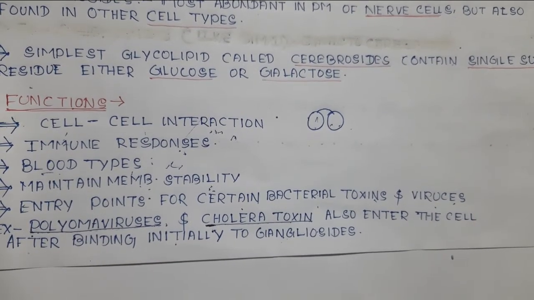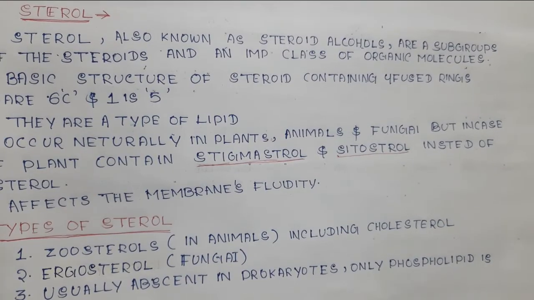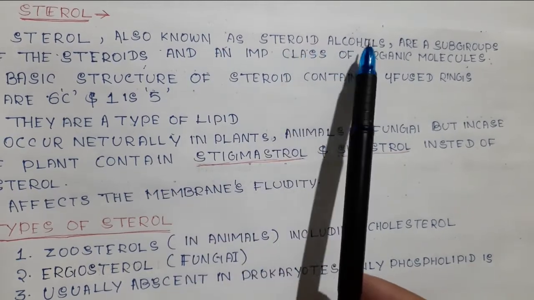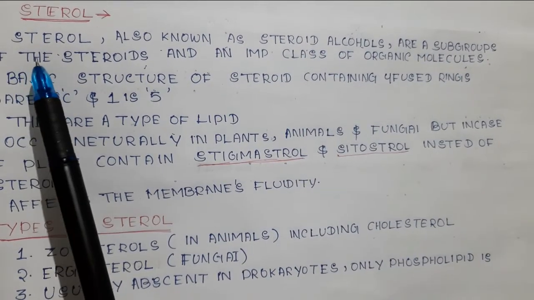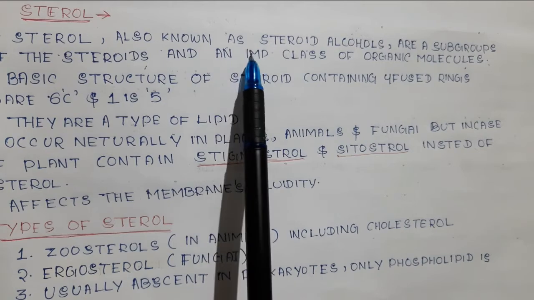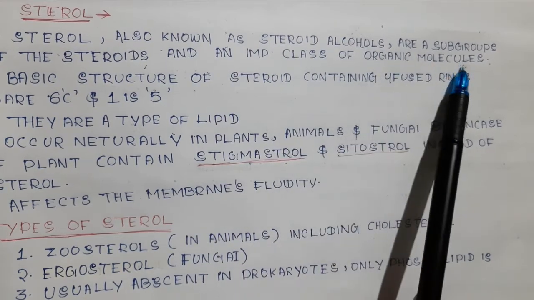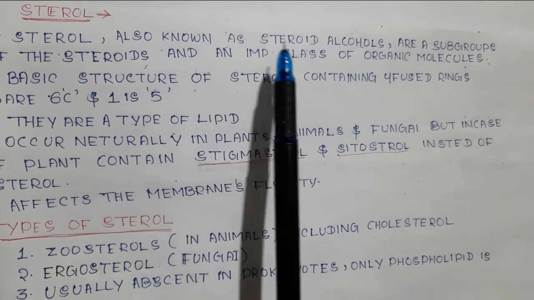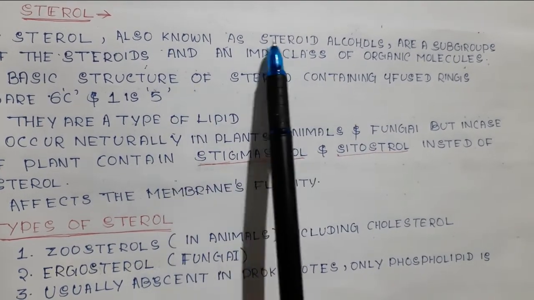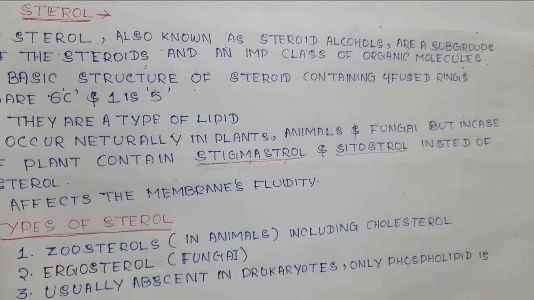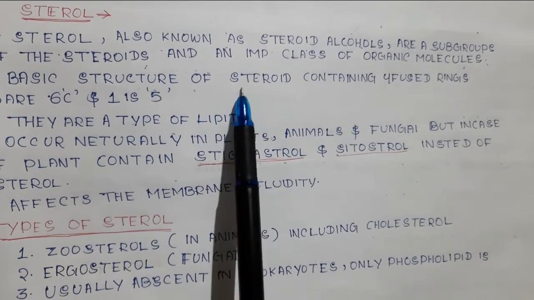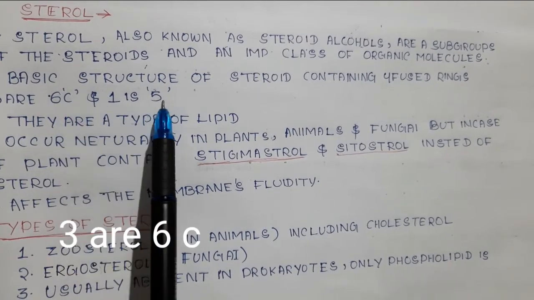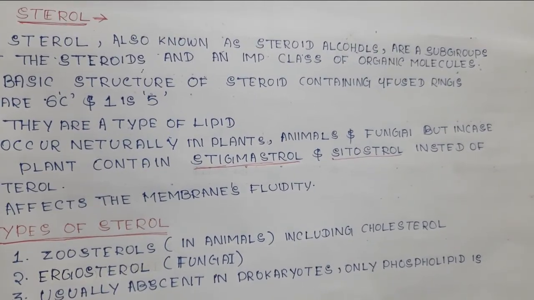Now we will see the third type of lipid, which is sterol. Sterol, also known as steroid alcohol, is a subgroup of steroid and an important class of organic molecule. It is a type of lipid and a subgroup of steroid. The basic structure of steroid contains 4 fused rings, 3 of them 6-carbon and 1 of them 5-carbon.